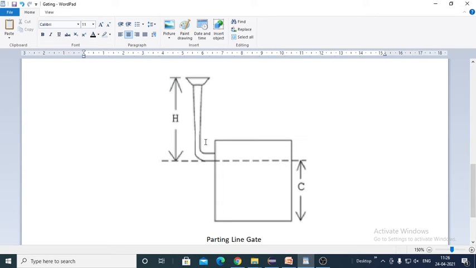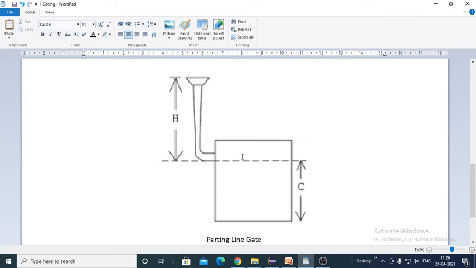In this technique, the gate is provided along the parting line such that some portion of the mold cavity will be below the parting line and some portion of the mold cavity will be above the parting line.